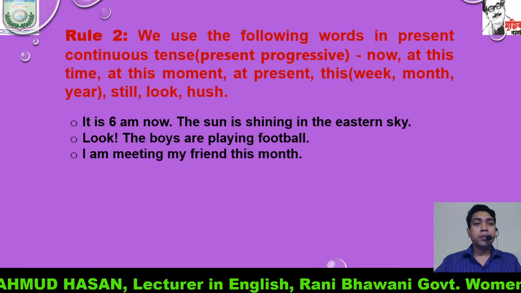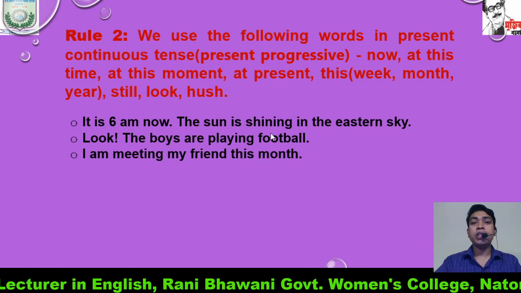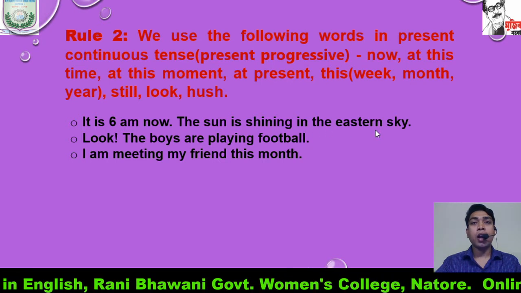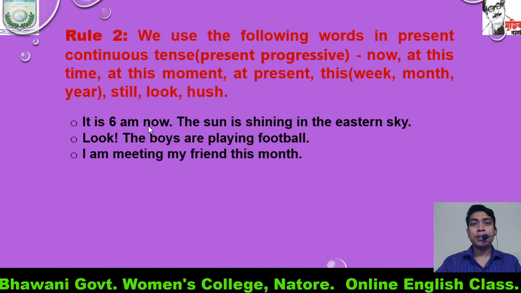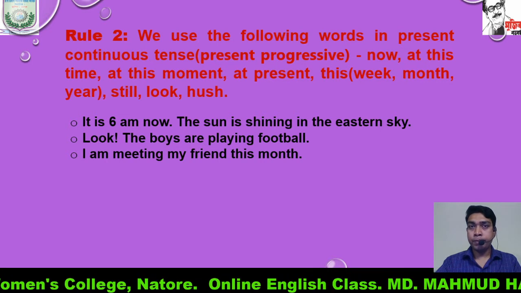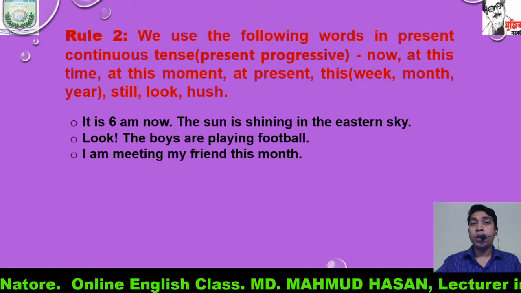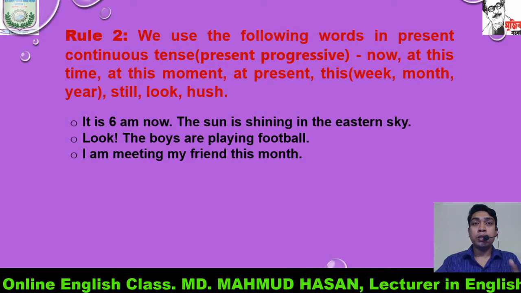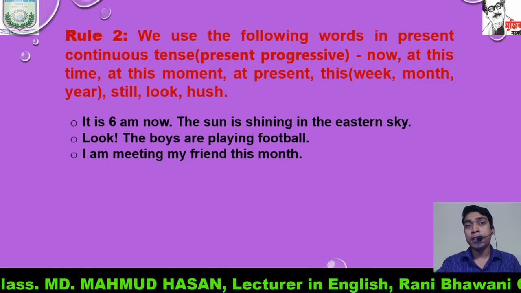Here are some examples. It is 6 a.m. now. The sun is shining in the eastern sky. Now, this is telling about the action of present time, when the action is progressing right at this moment.